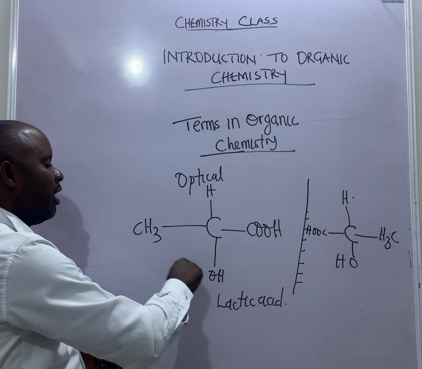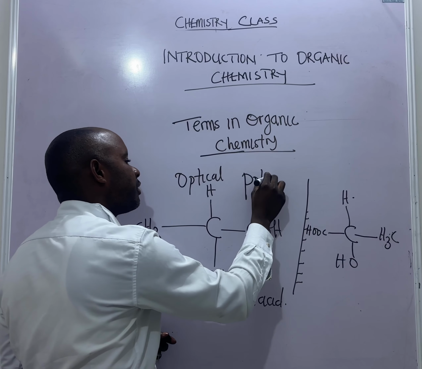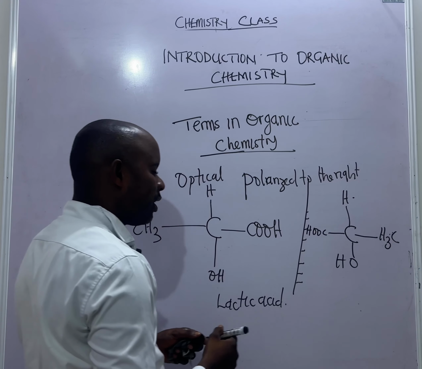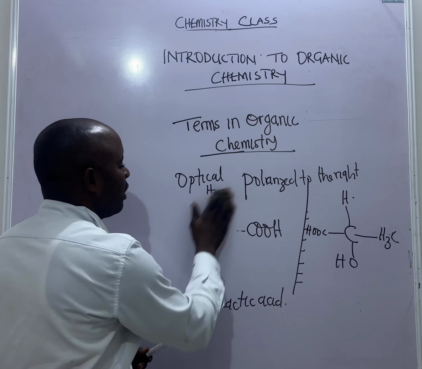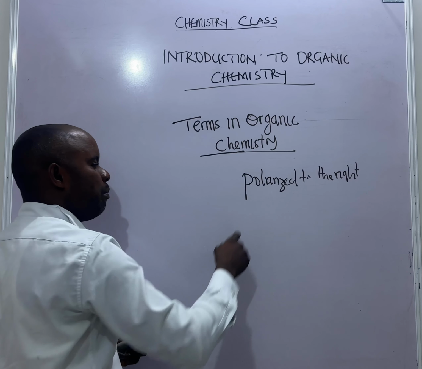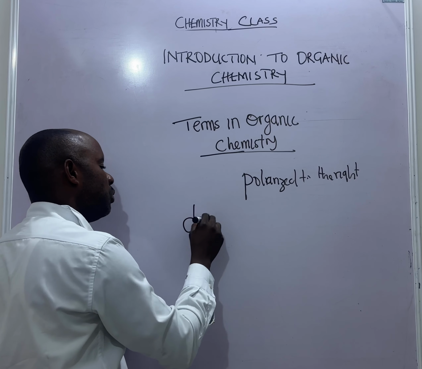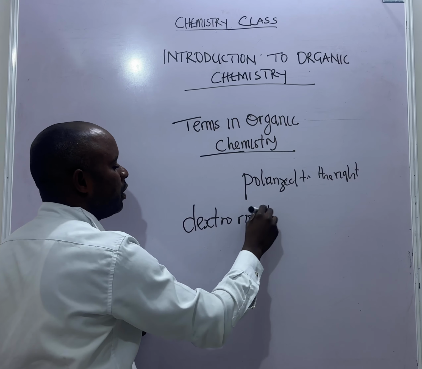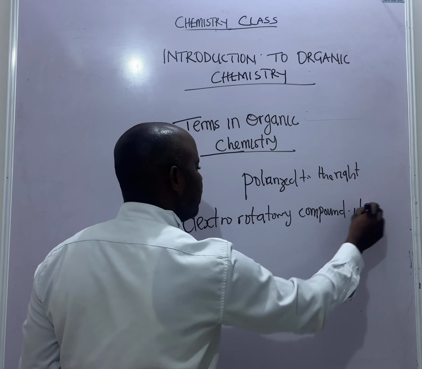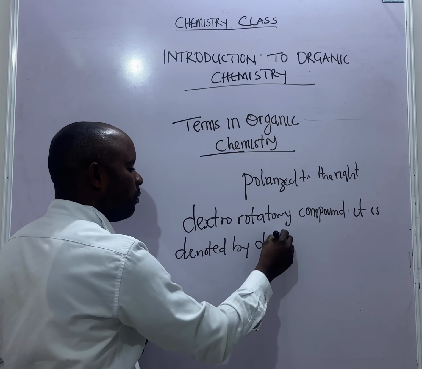Any compound that rotates polarized light to the right-hand side is known as dextrorotatory, and it is denoted by D or positive.